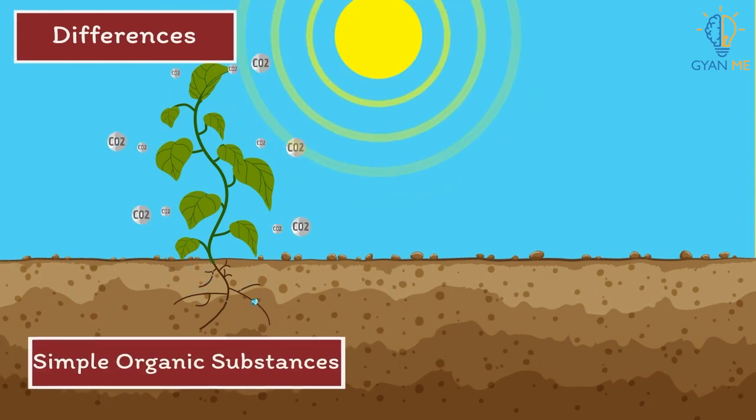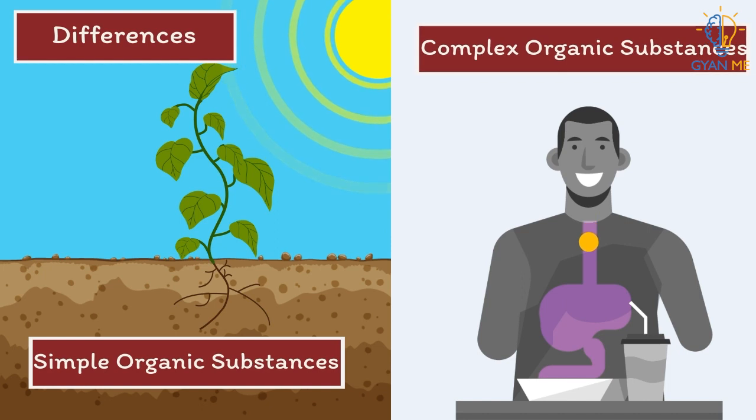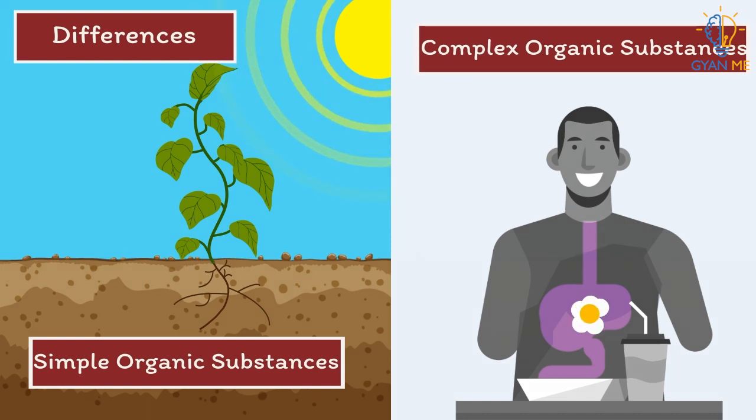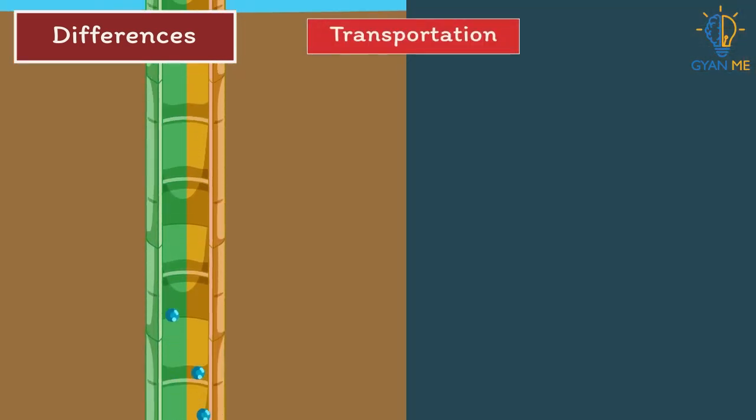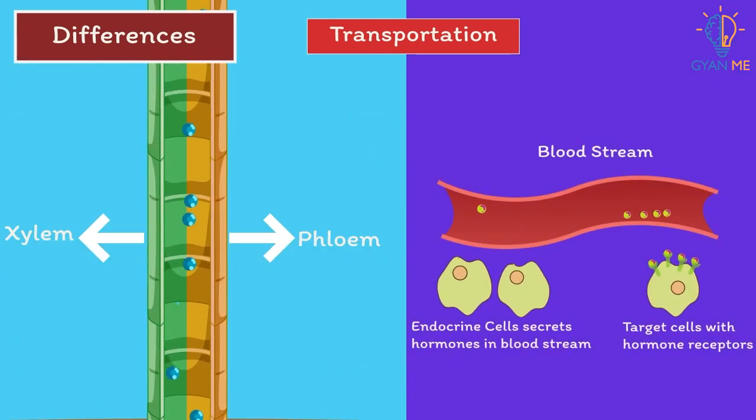Plant hormones are simple organic substances, while animal hormones are complex organic substances. Plant hormones are transported through phloem and xylem, while animal hormones are transported through the bloodstream.